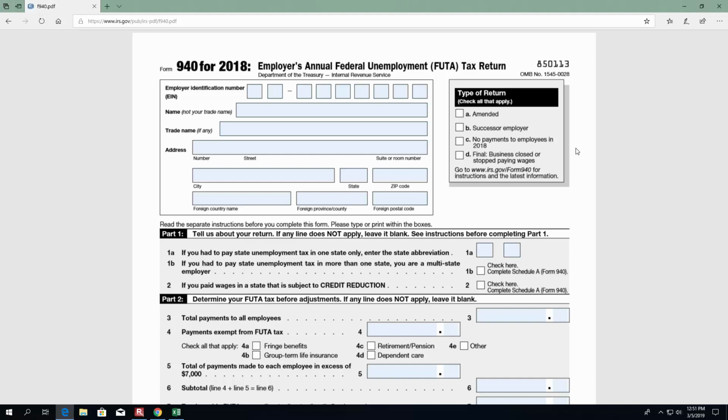So it's a really small tax: 0.6% of $7,000 per person a year is only $42. It has changed. It was 0.8% for a really long time, and it got rolled back to 0.6%.